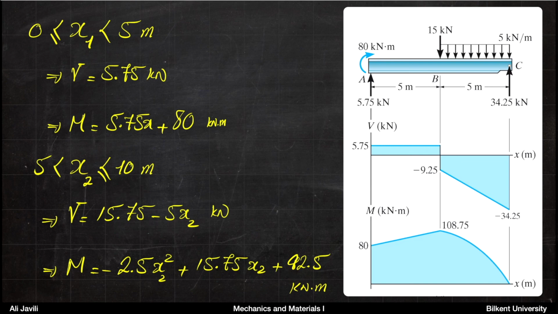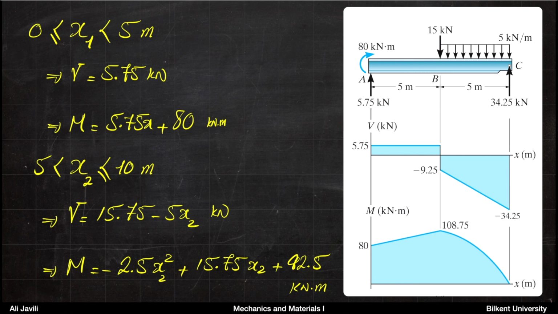And then that function would linearly decrease until you come to the point minus 34.25, which would be exactly the reaction at the support C. So that's your shear force diagram.